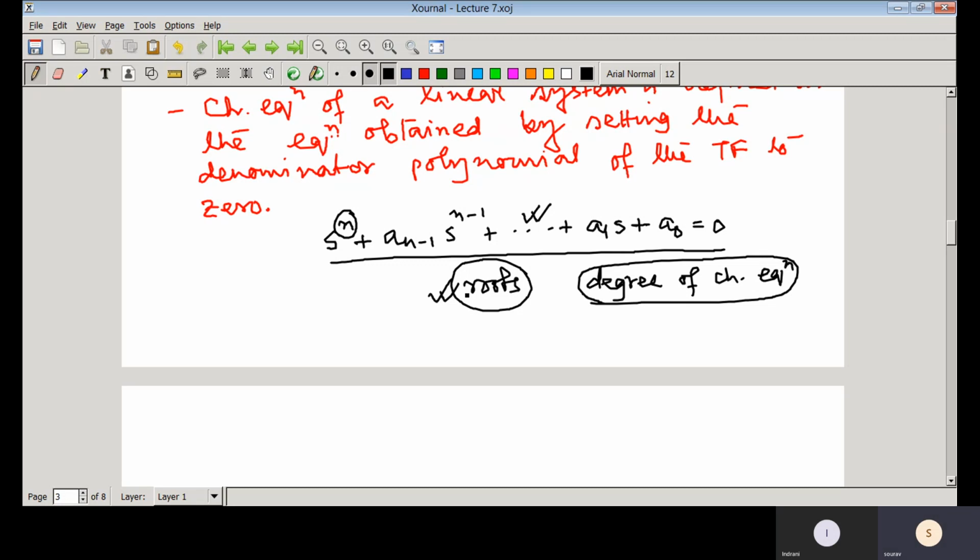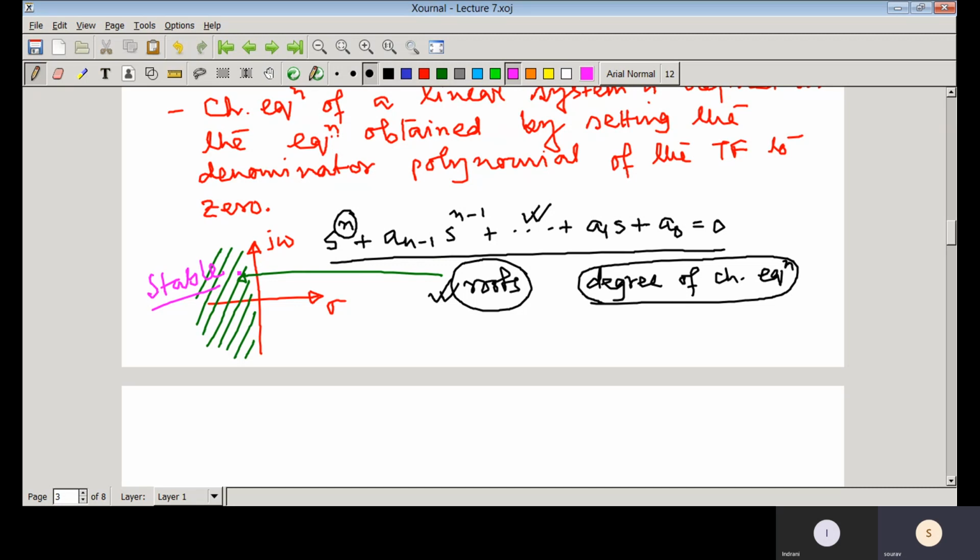If the roots of the characteristic equation lie in the left half of the complex plane, with sigma and j omega as the axes, that is, in the open left half of the complex plane, then the system is stable. That we will be discussing in detail later.